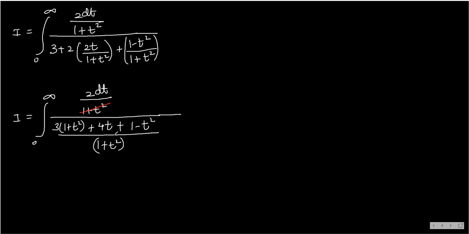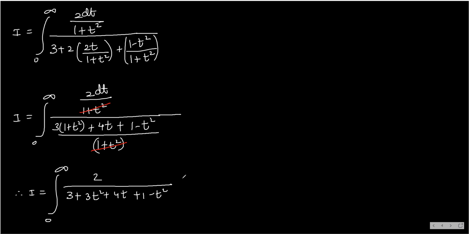Now this 1 plus t square and this cancel. I get therefore I equals integral from 0 to infinity 2. Let me simplify this. So multiply 3 inside: 3 plus 3t square plus 4t plus 1 minus t square, and dt.